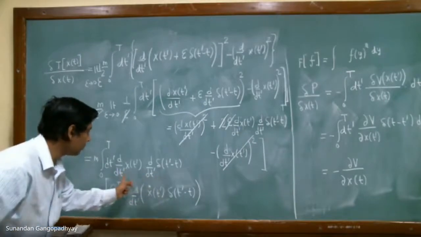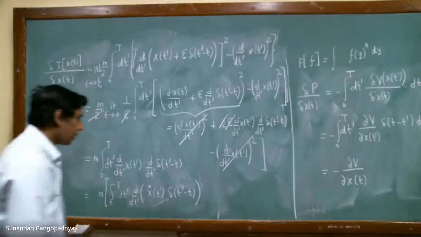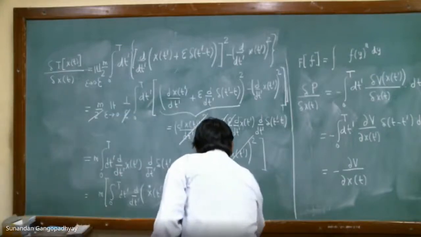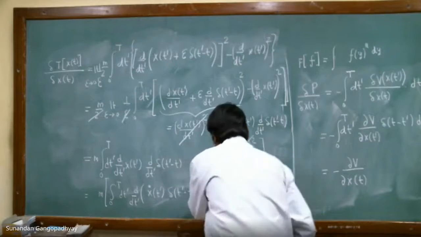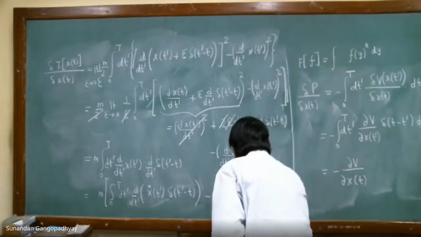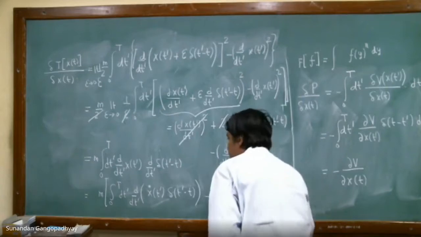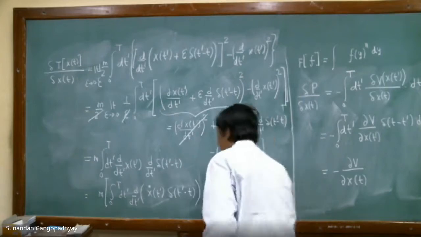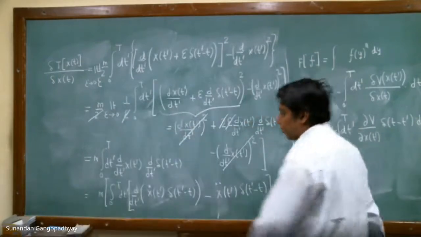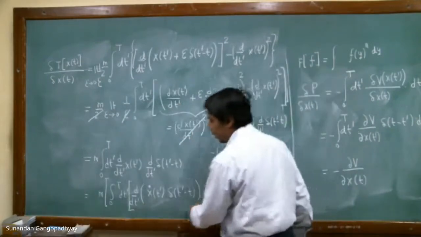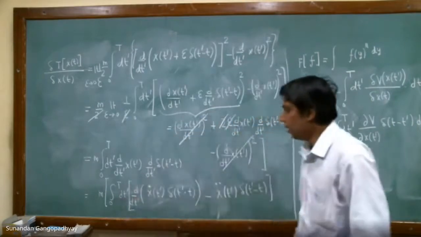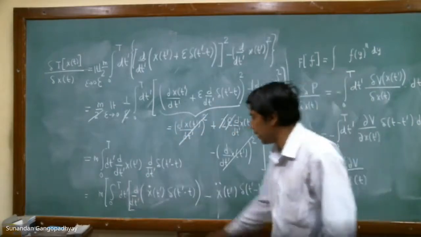One of the terms will be this. So you have to subtract out a term, and that term will be x double dot of t prime. Dots are obviously differentiation with respect to t prime. Now this is a total derivative term, and therefore when you integrate this term it will go to 0 at these endpoints.